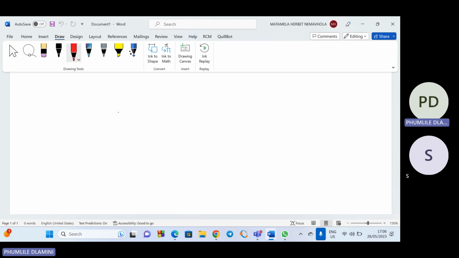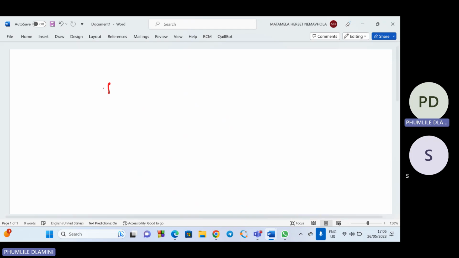Now, the first thing I'm going to write is what we are given: f of x equals x cubed plus 2. You are also given a hint, but I'm going to come back to the hint later.